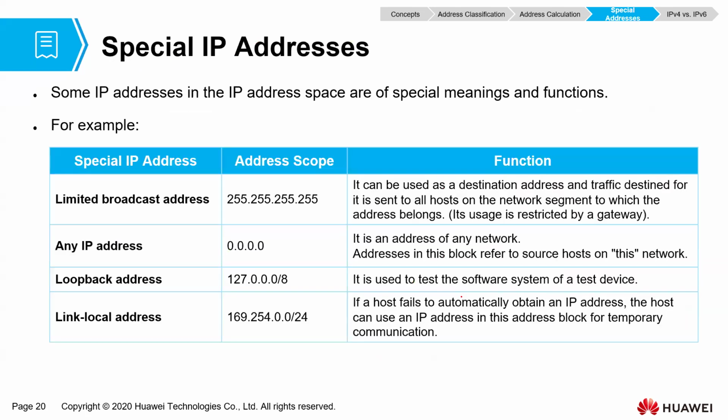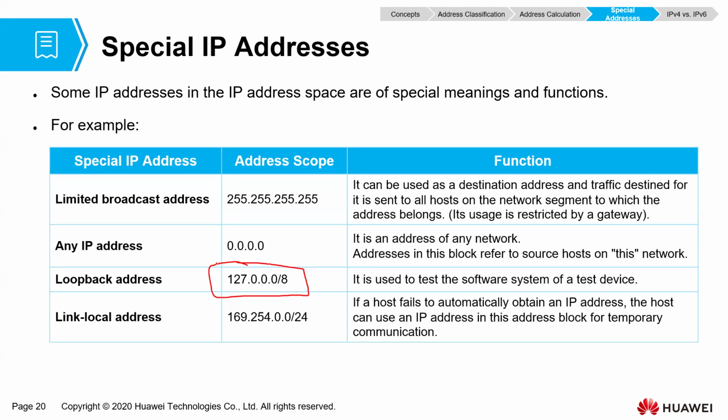All right, special addresses. We also have special addresses. Let me start with the loopback. We have a range of IP addresses, these ones, which are used to test if our devices are operational. So it's basically an IP address which is used to send a packet from a device to itself.